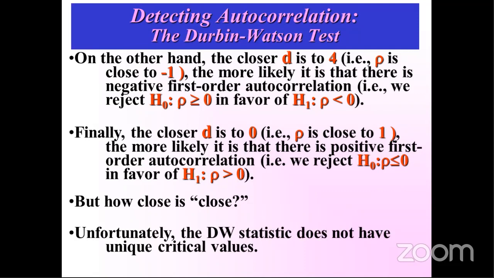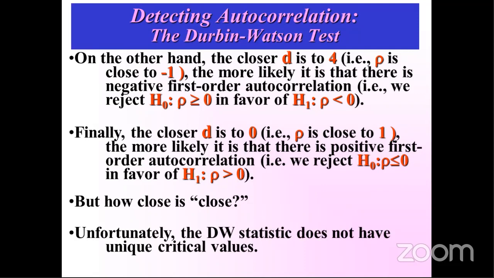We cannot conclude there is no autocorrelation, or a positive or negative autocorrelation, based only on the above points. So to decide how close is close, Durbin and Watson themselves have developed a table for that statistic.